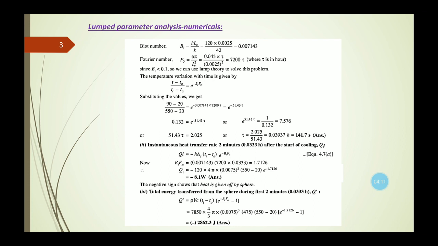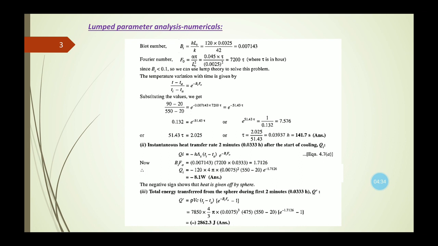Now we need to find the value of the Biot number. The value of the Biot number can be calculated using the formula hL by k. The value of h is given in the question, the value of Lc, that is characteristic length, we have just now calculated, and the value of thermal conductivity, that is k, is also given in the question.